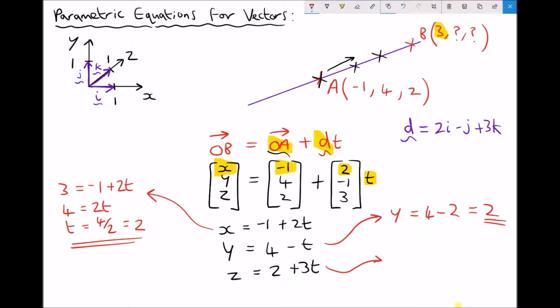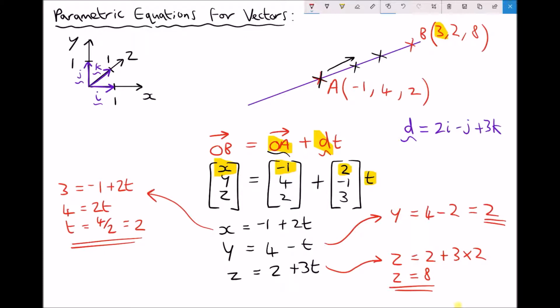We have 2 plus 3t, z equals 2 plus 3t, well t is 2. 2 plus 3 times 2, or 2 plus 6, is just 8. So z equals 8. So we can replace the 2 question marks for the y and z coordinates of our point B, and we're going to replace them with 2 and 8. So point B has the coordinates 3, 2 and 8.